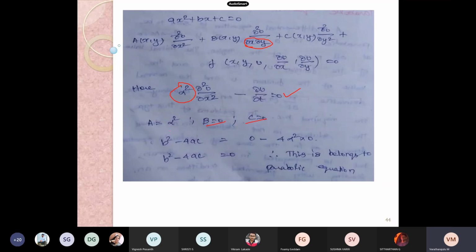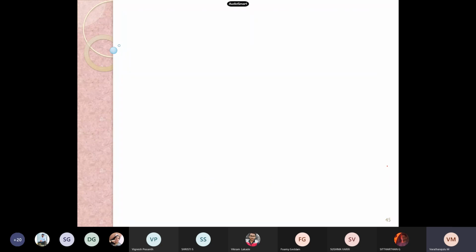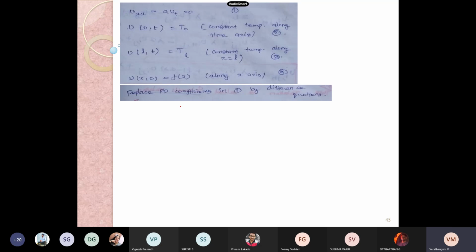So b square is 0, and c is also 0. Therefore this entire b square minus 4ac becomes 0. So this type of problem is classified as a parabolic equation, u_xx minus a u_t is equal to 0. Let this be equation number 1.